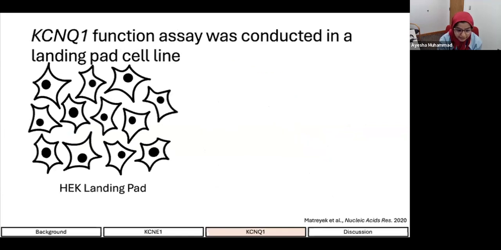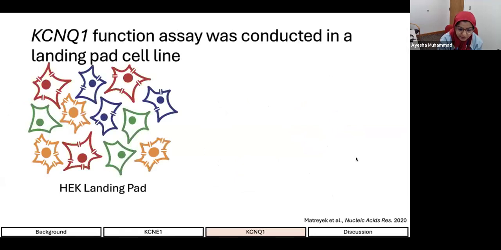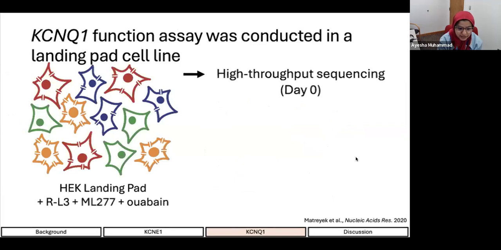Thus, we took our HEK landing pad line again and expressed the KCNQ1 variant library, and then grew these cells in the two activating drugs plus ouabain, obtaining a sample at day 0 for high throughput sequencing.